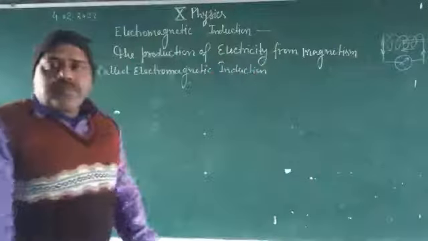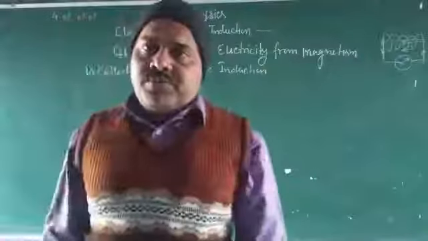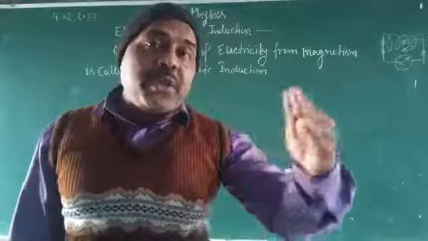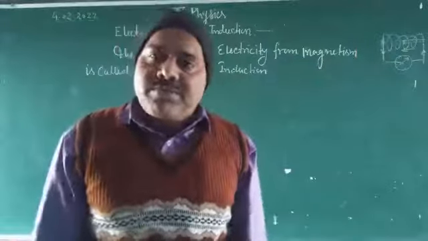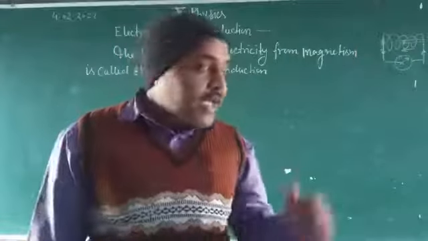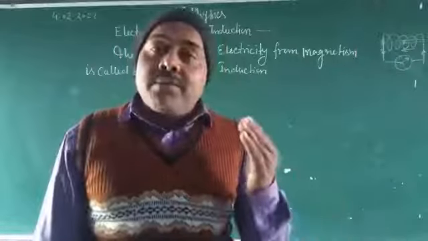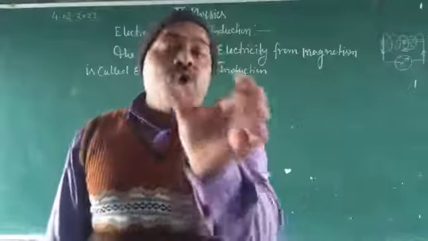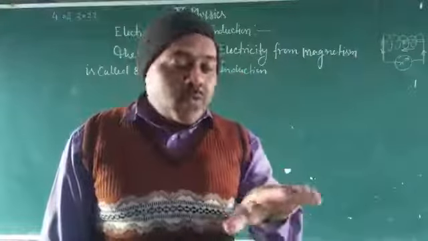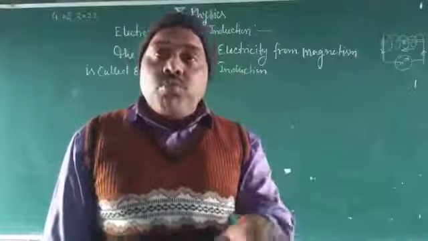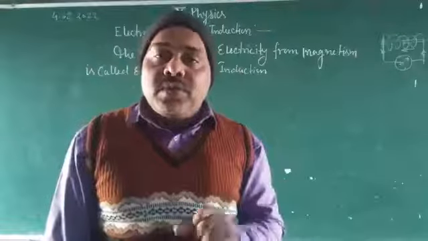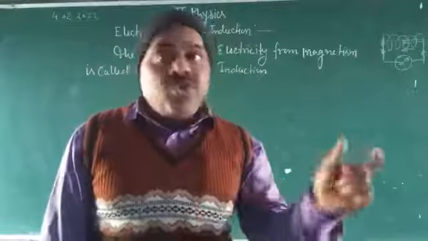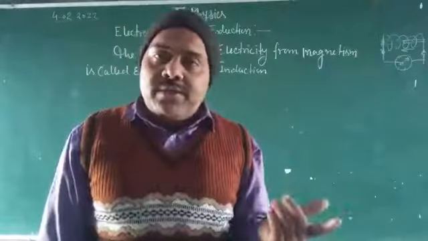You see, electric current is produced due to the change in the magnetic field lines of force. When a wire is placed between two strong field magnets and the wire begins to move up and down, it means current is produced in the wire.